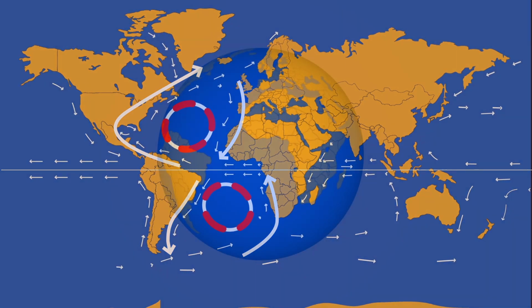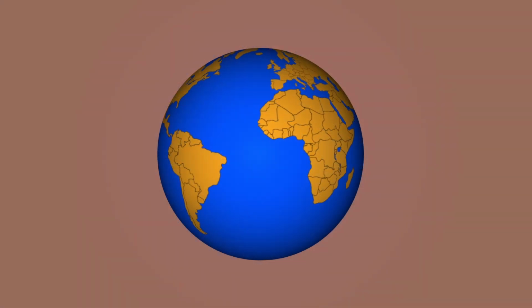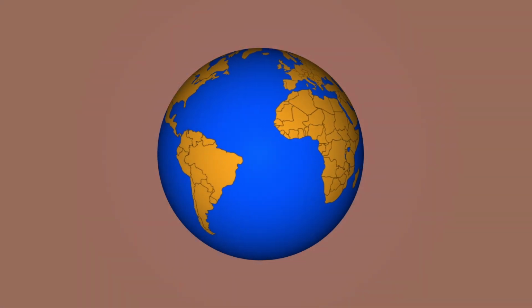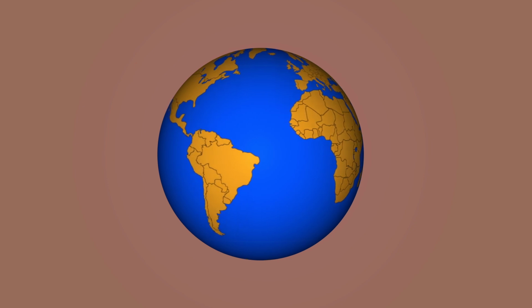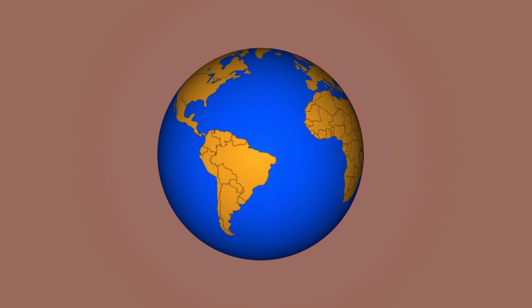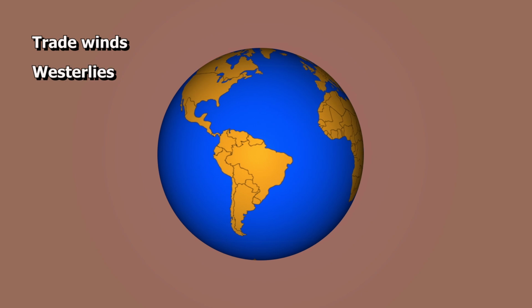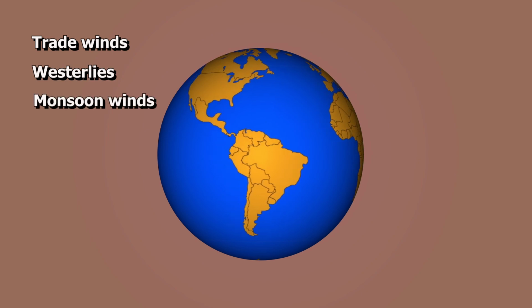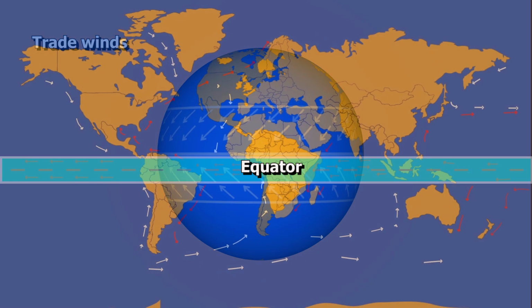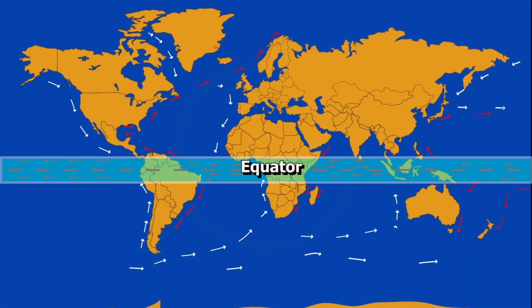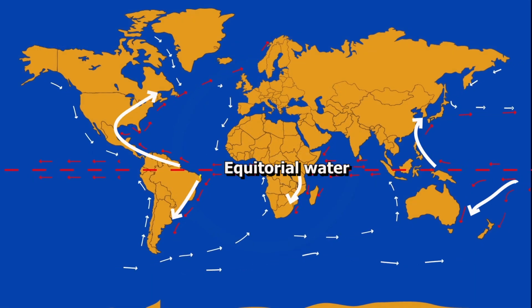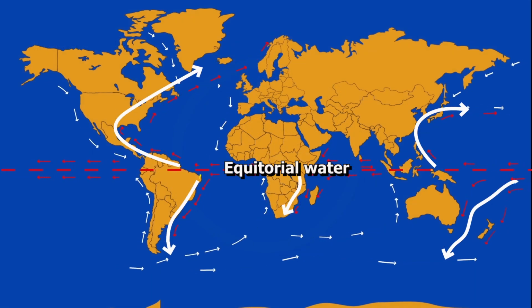Next one is the planetary winds. Now, planetary winds also play a dominant role on the flow of ocean currents. Now the names of the winds are trade winds, westerlies, and the monsoon winds. Trade winds blow between the equator and the tropics. These winds move equatorial waters polewards and westward.